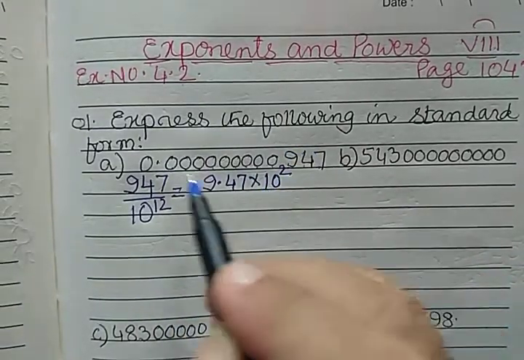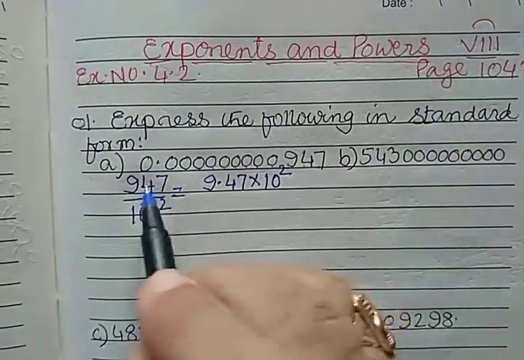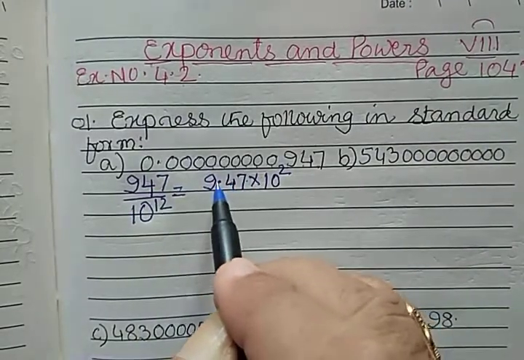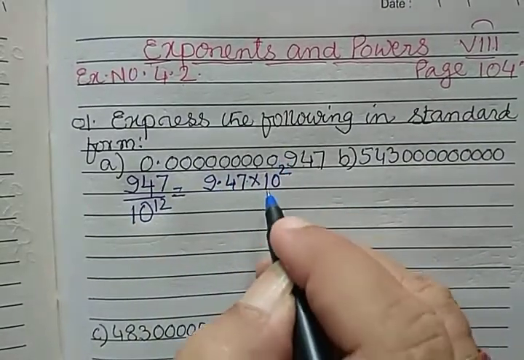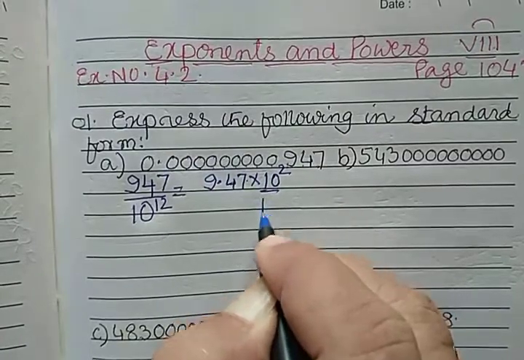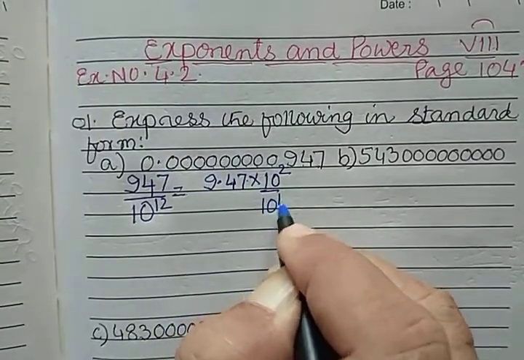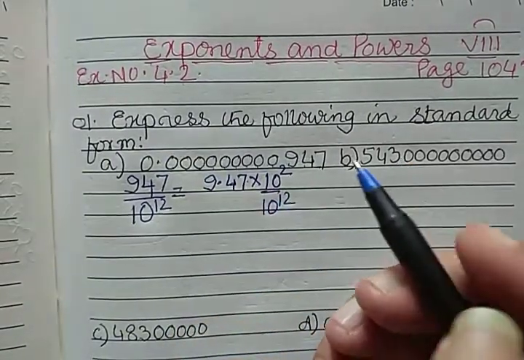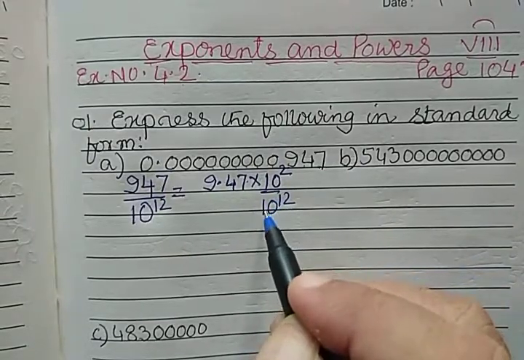Why 10 square? Because after two places you have the decimal, all by 10 to the power of 12.